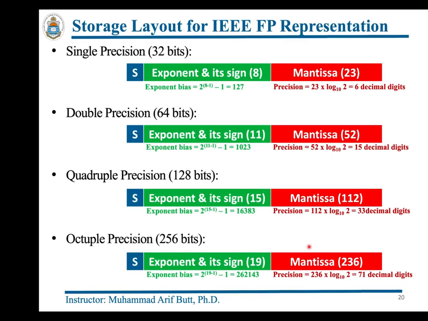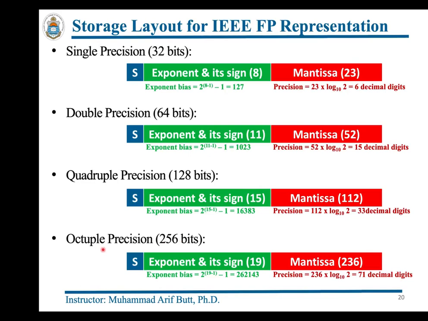Okay, so other than the 32-bit precision, we have other precisions as well. The IEEE 754 standard that came in 2019 gives provision to store floating point numbers in 32 bits called single precision, in 64 bits called double precision, in 128 bits called quadruple precision, and in 256 bits called octuple precision.